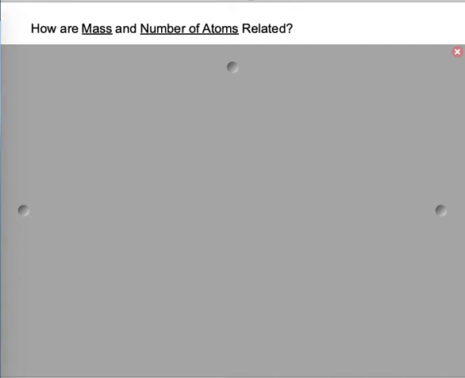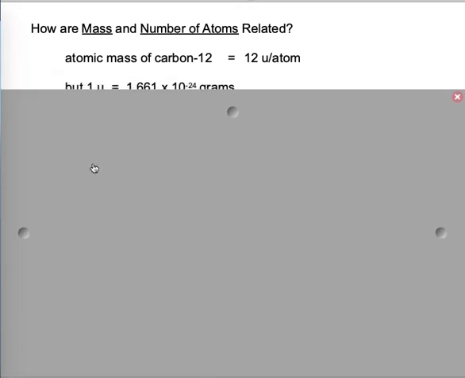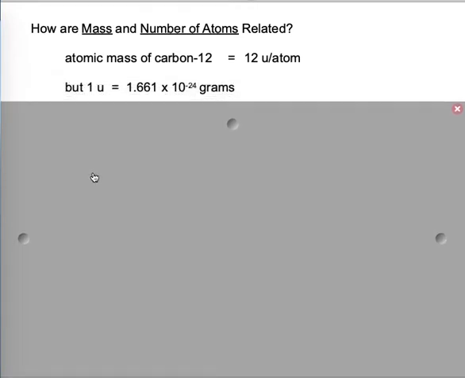Now, how is the mass of a sample of an element related to the number of atoms in it? Well, we defined the atomic mass of carbon-12 as exactly 12 unified atomic mass units per atom. But we can use mass spectrometry to measure the mass of 1 u in grams, and it is 1.661 times 10 to the negative 24th grams.